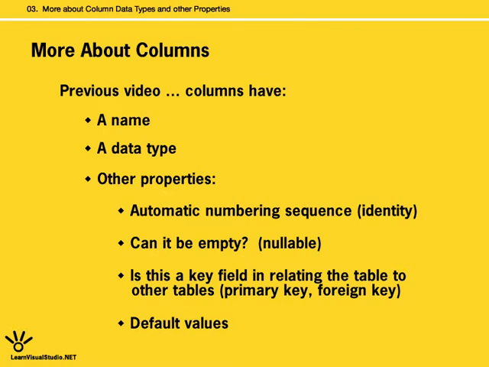And then also there are properties that allow us to define default values so that as a new row of information is being inserted into a table, so a new record is being created, a particular field of information, if not specified, can default to a certain value. And again, that's something that can be dictated by the definition of the properties for that given column.